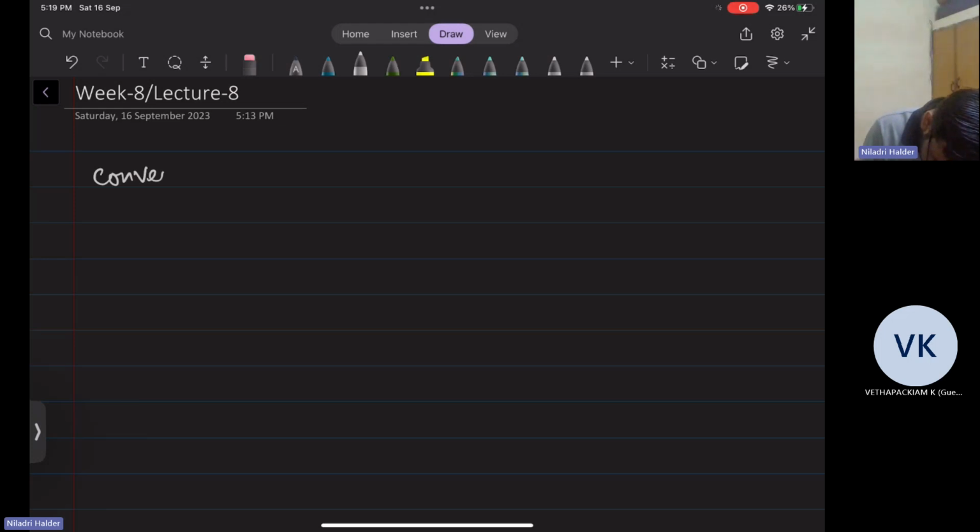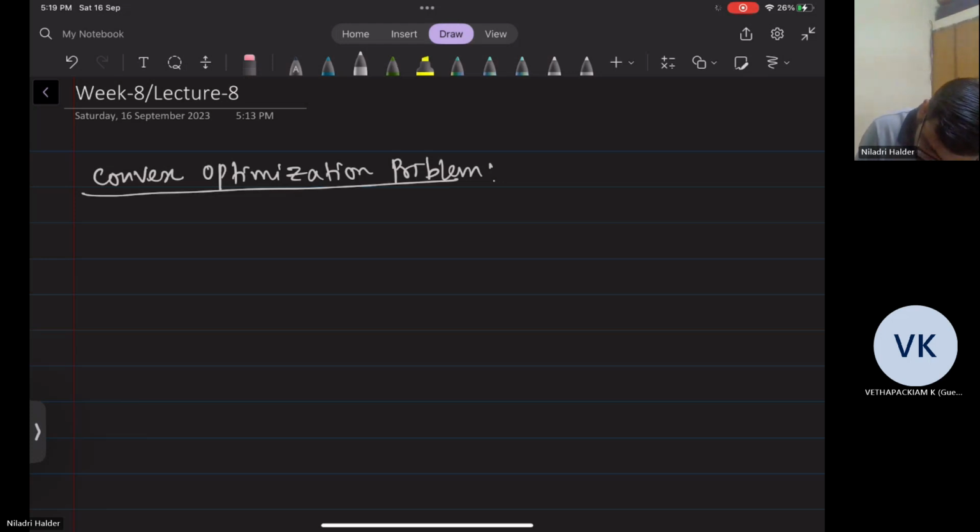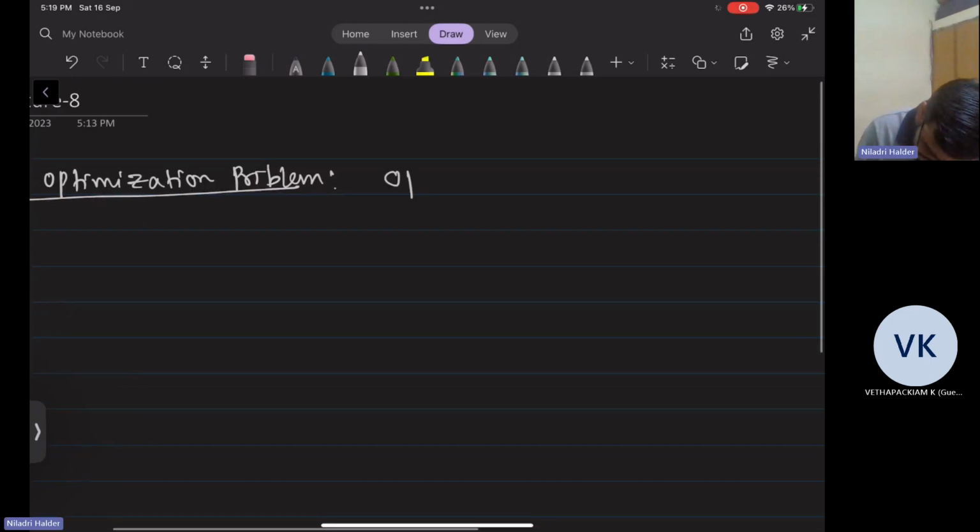The convex optimization problem. The definition I told earlier also: optimizing a convex function in a convex set.